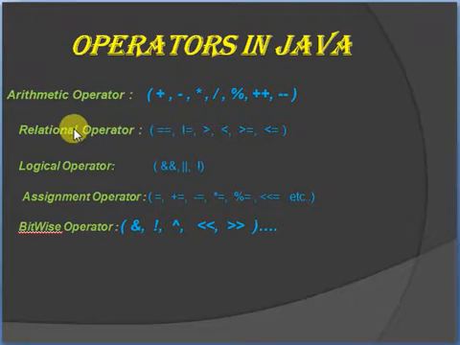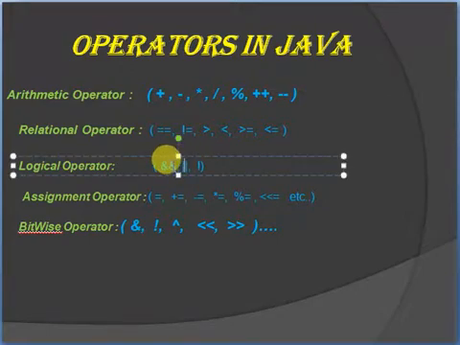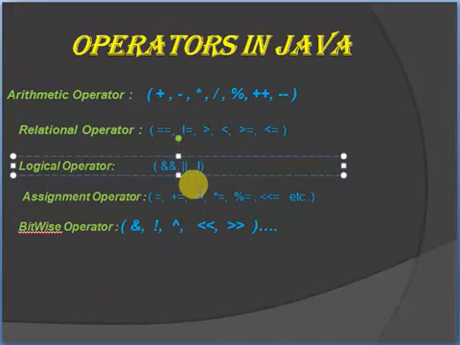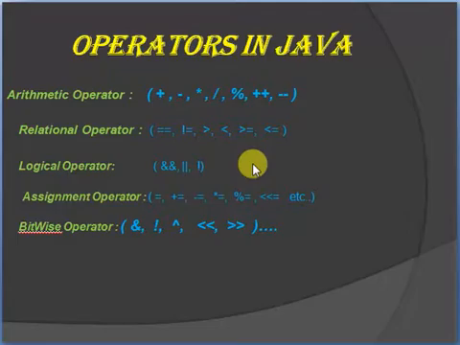Sometimes they call it a comparison operator because it is used to compare two variables or two values together. The logical operators are and, or, not. So we have different types of them.